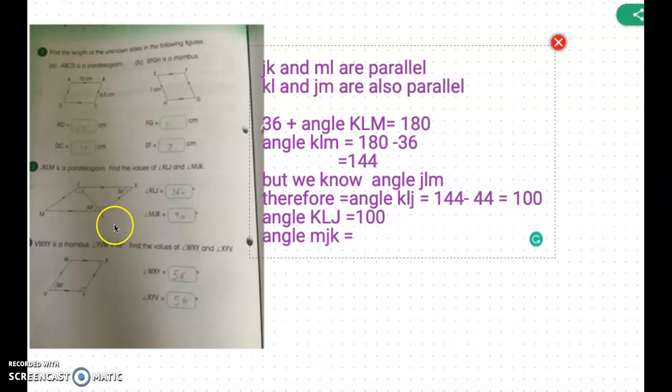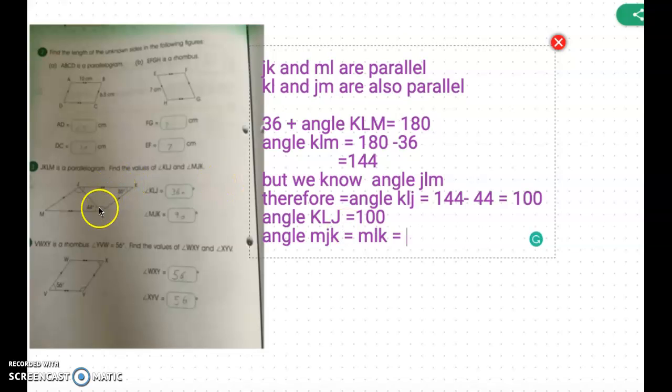In parallelogram, we learned that opposite angles are equal. Therefore, MJK or KJM, anyways, is okay, because J should be in the middle of the angle. So it will be equal to MLK.